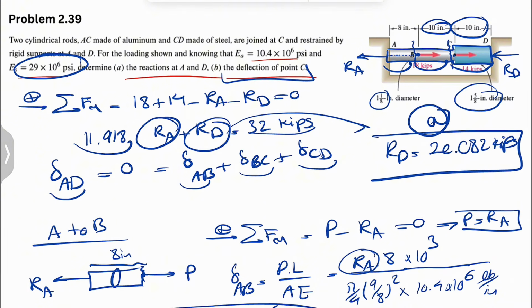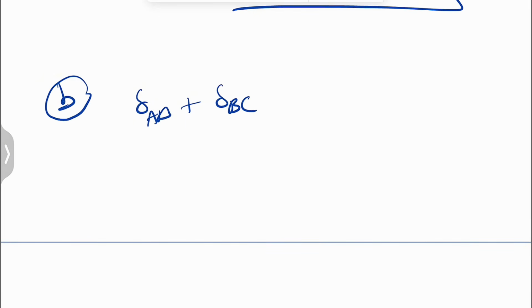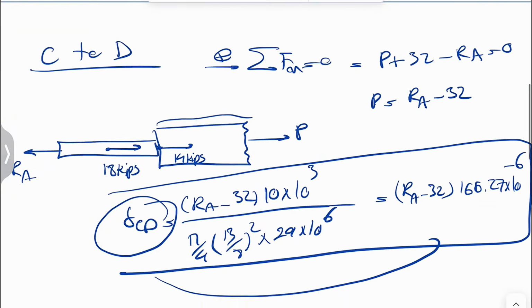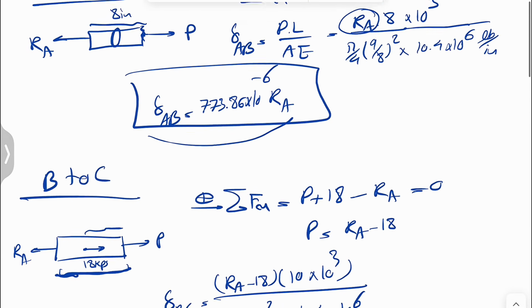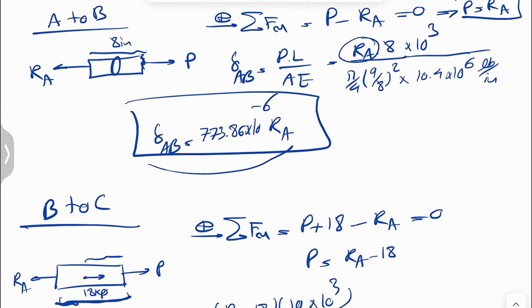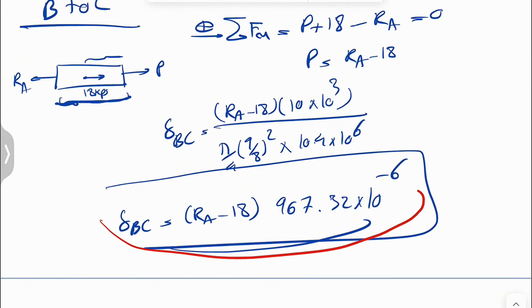And for the B part, we need to find the deflection of point C. So deflection of point C would be basically delta AB plus delta BC. And now that we have RA, we just have to put our RA in here. We can find the AB, and also we'll put our RA in here.